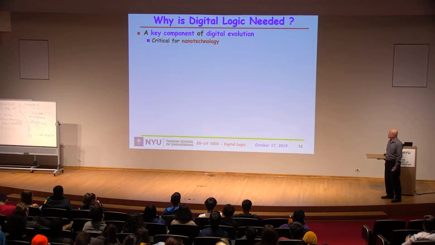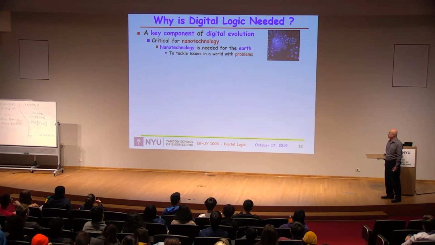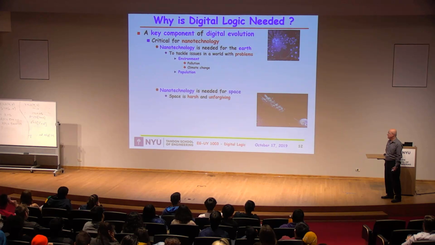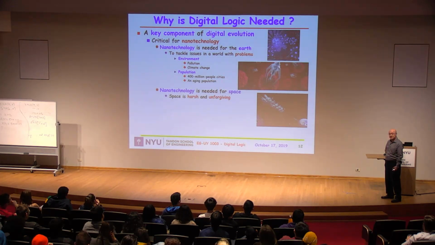Okay. So everybody, nanotechnology will be also critical for digital logic. Nanotechnology will help us here on Earth and also in space. We need it for both, everybody. On Earth, we need to deal with the environmental issues and population. We will have cities with 400 million people, everybody. Yeah. So they are planning for these cities.